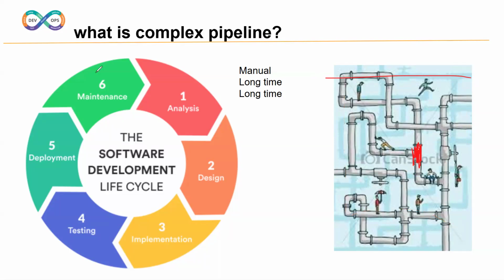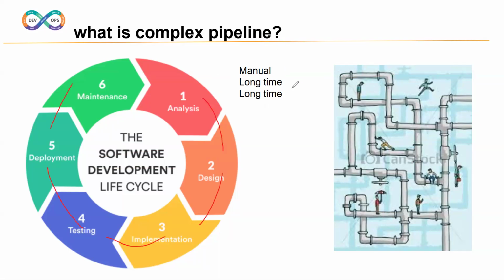In the same way, our SDLC process is also complex because it is manual. Everything is manual. Resolving issues, identification, and communication from team to team is very hectic. From analysis to design, implementation, testing, and maintenance, it is a manual process.